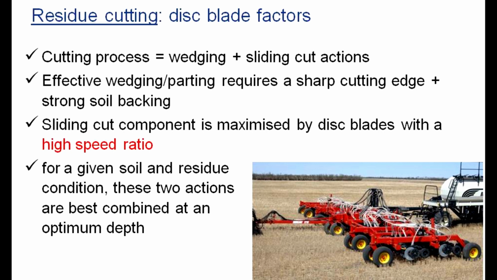So it's akin to slicing a loaf of bread with a knife. We need to have the two optimized to be able to achieve good cutting. That means that if you have a soil that is sufficiently hard, not soft sand, then you can use a lot more of the sharp edge effect to cut through the residue.